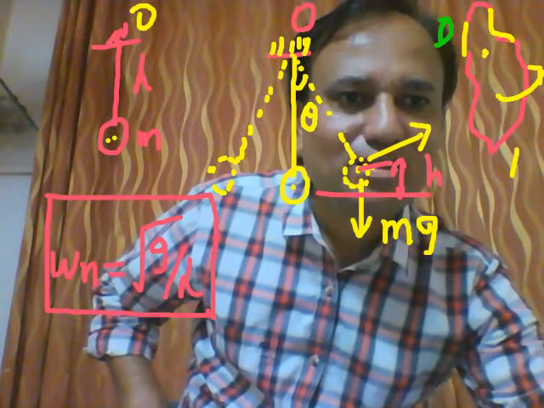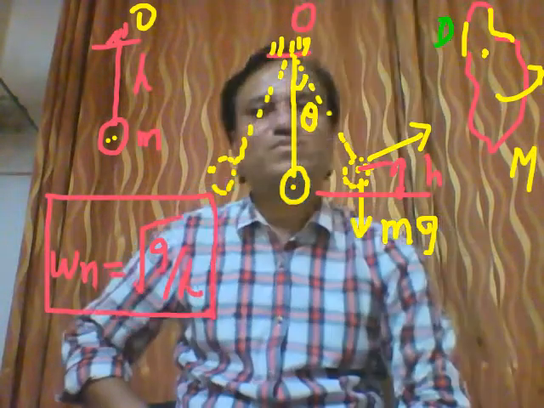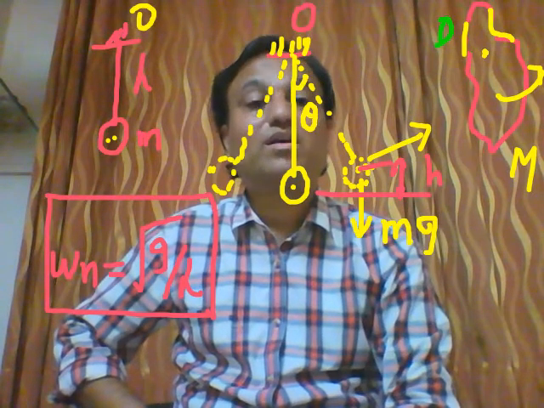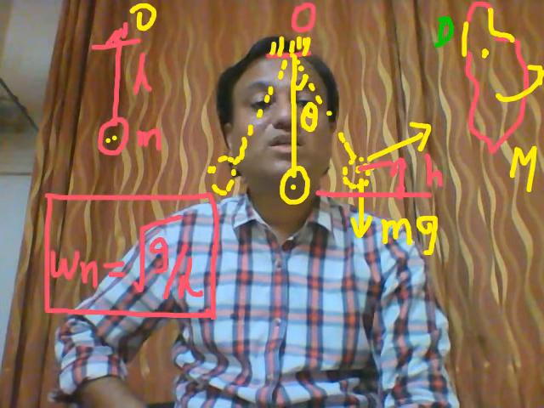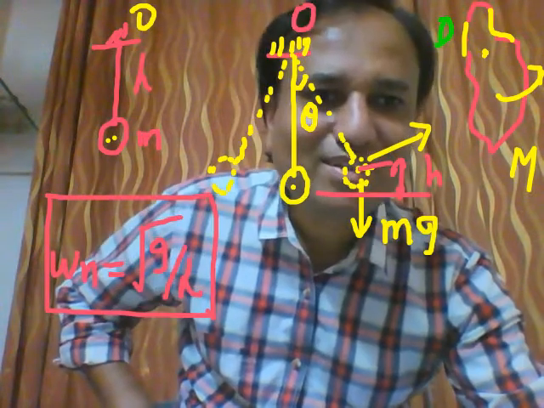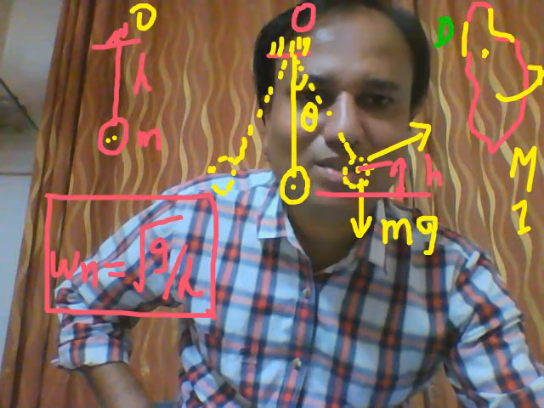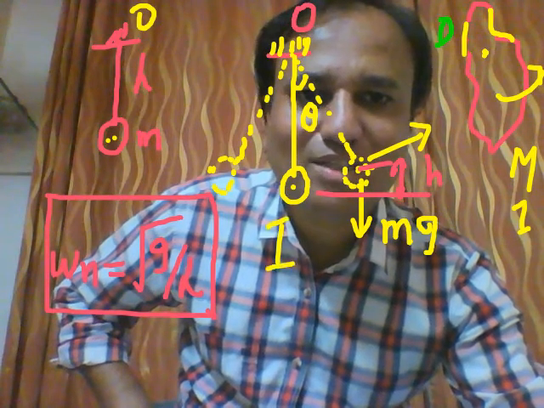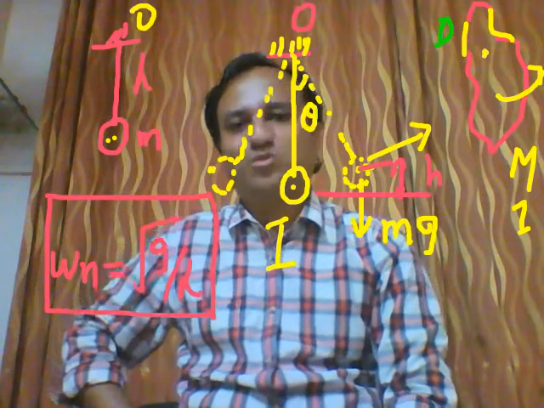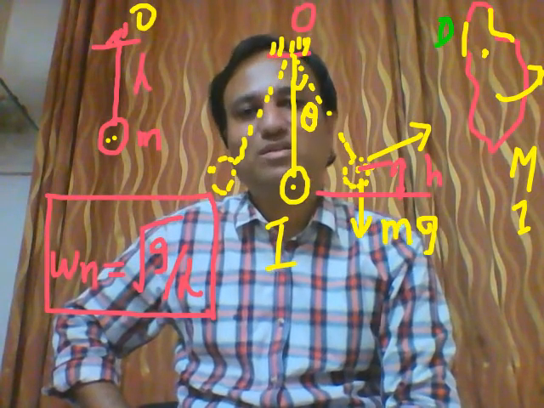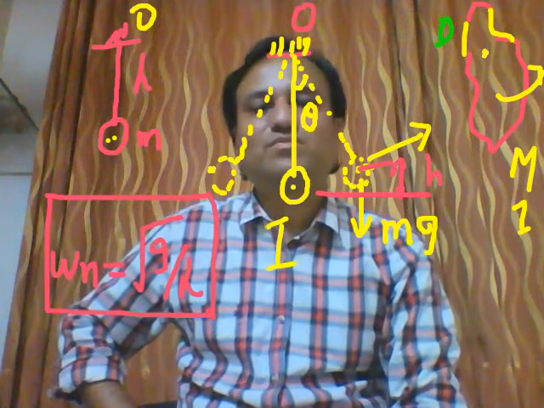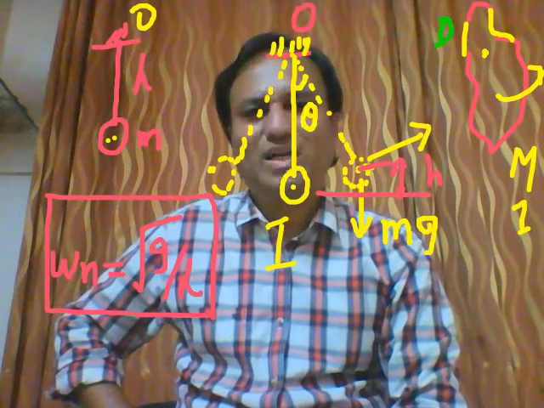Let m be the mass. Moment of inertia I is required, since it is angular vibration. For the bob, I is equal to m L square.